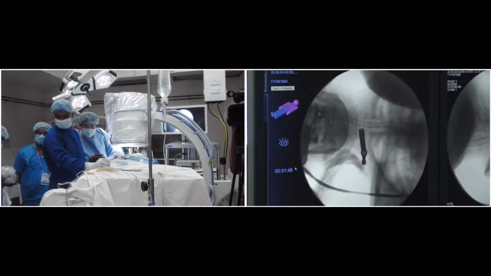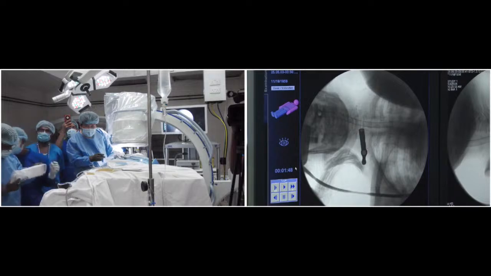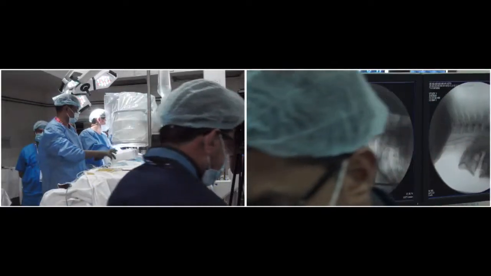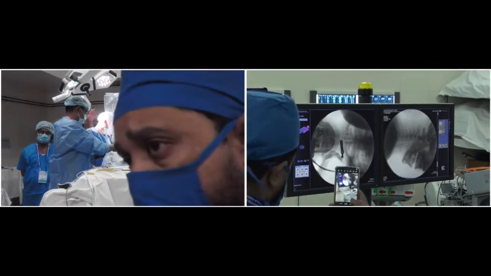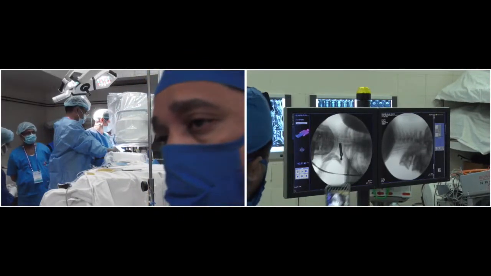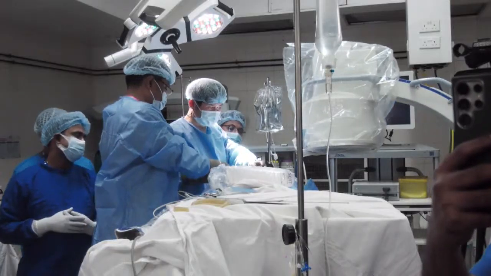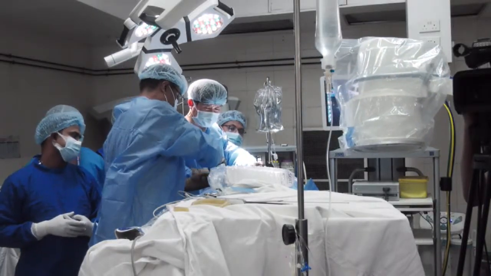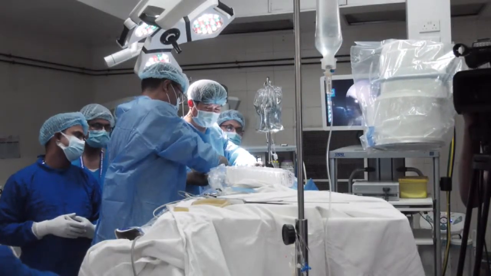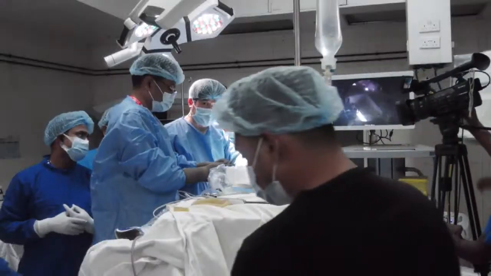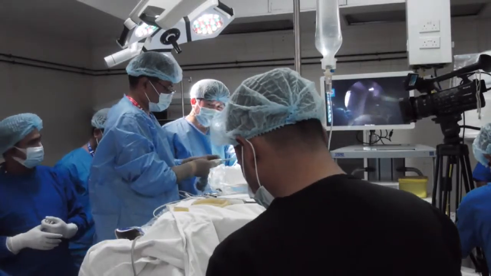Shoot. Okay. Correct. Please, back. Our first target in this situation will be finding the facet and the V point. Okay? V point.